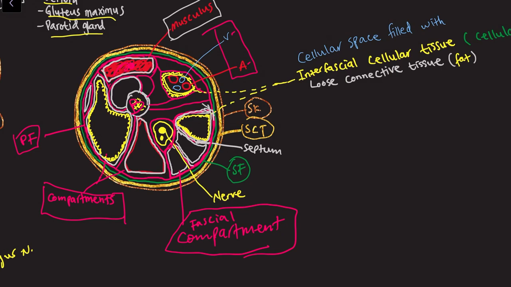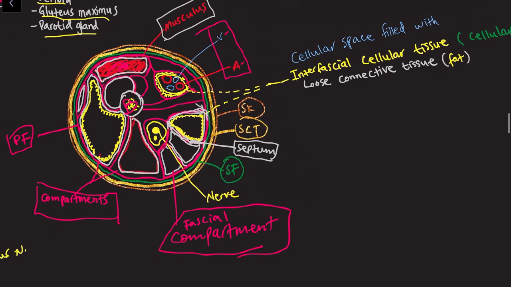Now, those fascial laminae, as we said, the superficial fascial lamina, right, and the deep fascial lamina, are connected by the septum. Now, within that compartment, you would have, after the lamina of the superficial fascia, right?